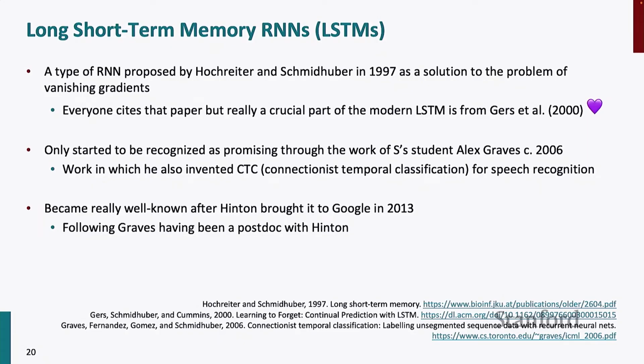Schmidhuber had a later student in the mid-2000s decade, Alex Graves, and Alex Graves did more work with LSTMs. For people who've seen speech recognition, where people commonly do CTC loss and decoding, Alex Graves invented that. But most crucially, Alex Graves then went to Toronto to be a postdoc for Geoff Hinton, and that brought more attention to the fact that LSTMs were a good model.